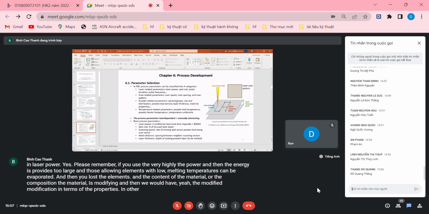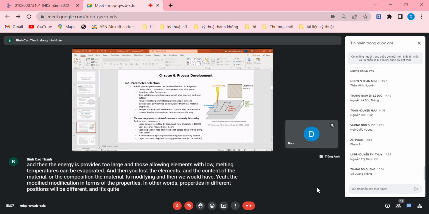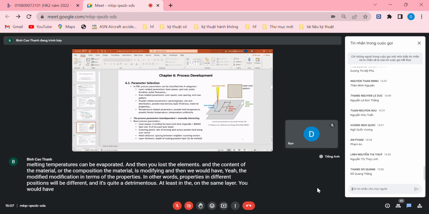In other words, properties in different positions will be different, and it's quite detrimental. At least on the same layer, you would have some problem like this.